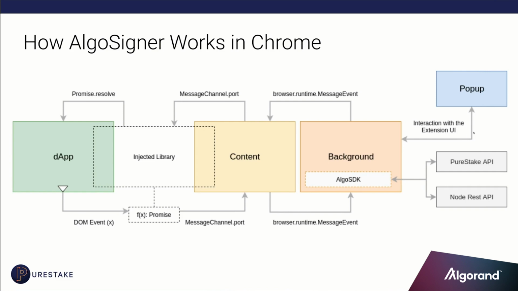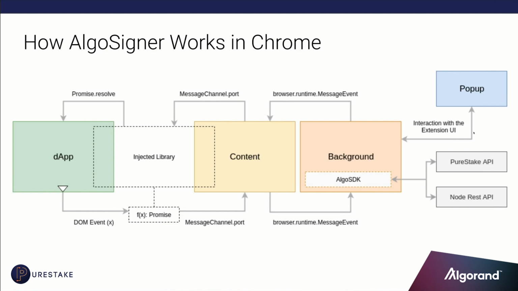So on the background, each of these is like a separate environment running, and they don't have a direct connection between each other. The background script is always running, well, not always, but almost always, in the background, as its name leads you to believe. It's a JavaScript script that is always running in the background when you install the extension.